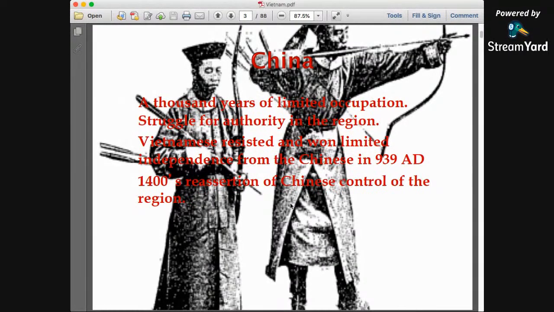But it started in this aspect. Well, the Vietnamese did resist and win limited independence from the Chinese in 939. But if you were to do the math there, you're seeing roughly 450 some odd years. It's not a whole lot of time when you look at the independence in that region.